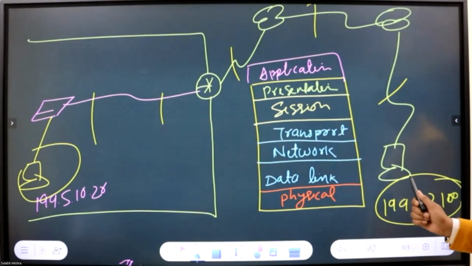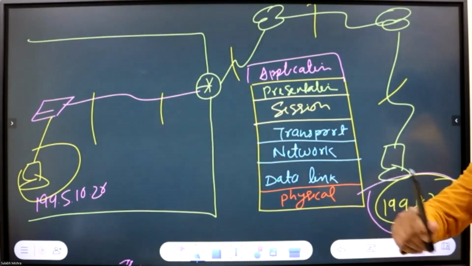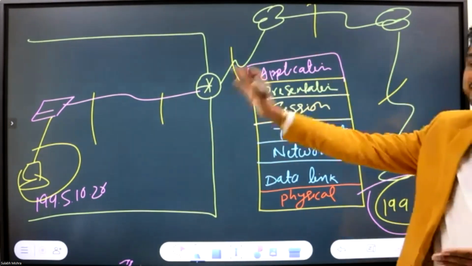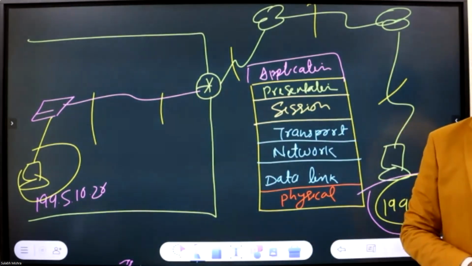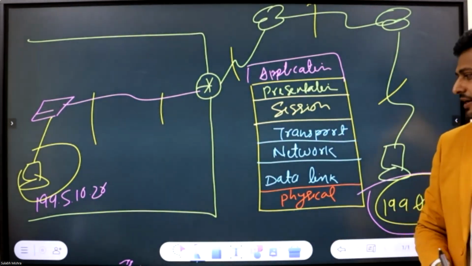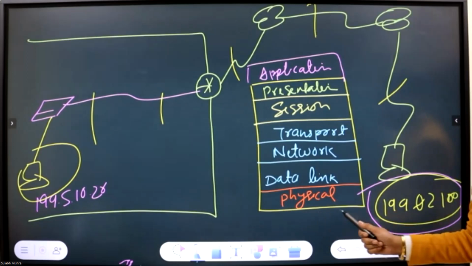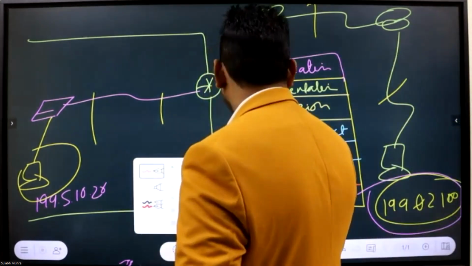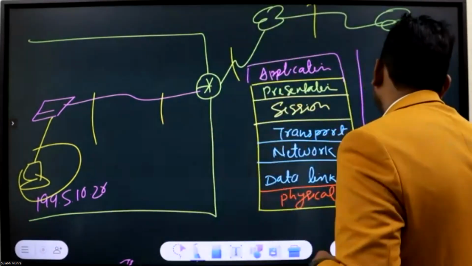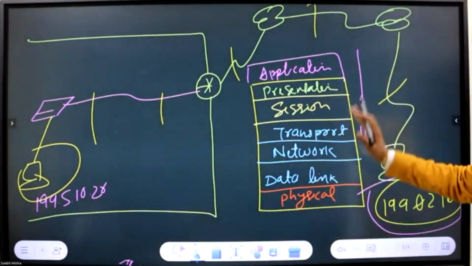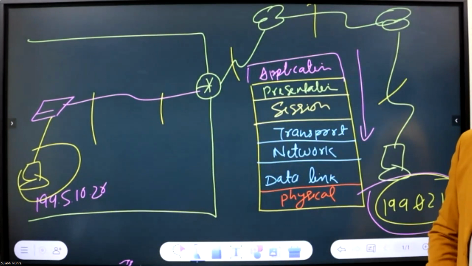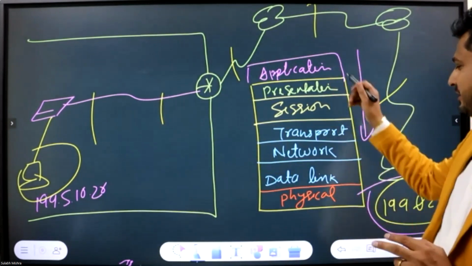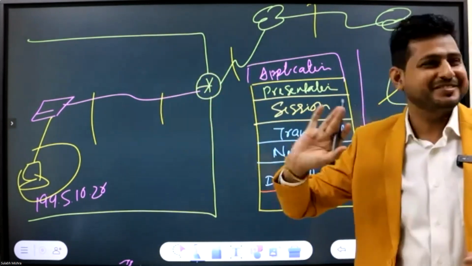We define which particular part of the communication comes under which layer. The communication happens from application to physical, and physical to application.